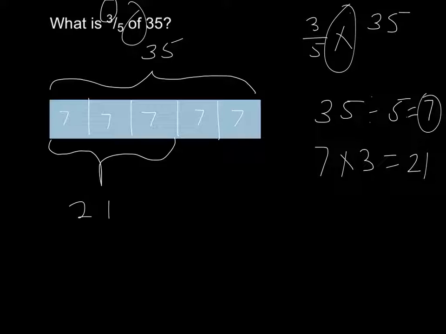But if you have a non-unit fraction, then suddenly you have a two-step problem where first you have to divide to figure out how many are in each part. That would be the 7s here. And then you have to multiply to find out how many are in the number of parts that you're interested in.